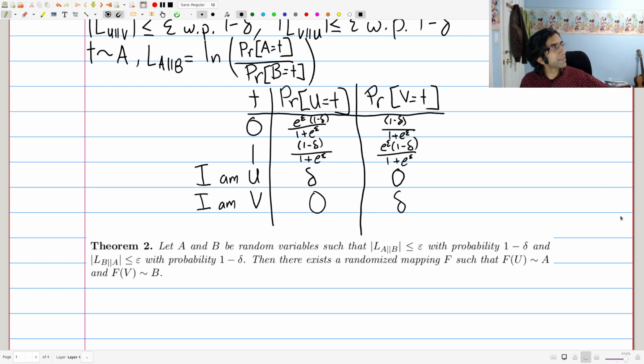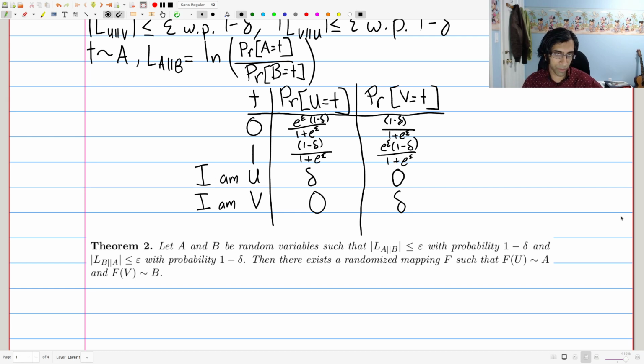So what does this say? This says that imagine we wanted to really sample from A and B and compare them. Well, another way to sample from those random variables would be instead to just sample from these much simpler random variables, U and V, and then feed it into this function.